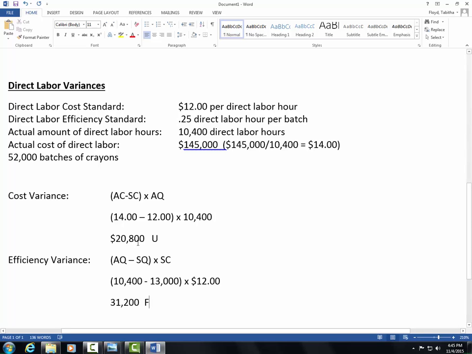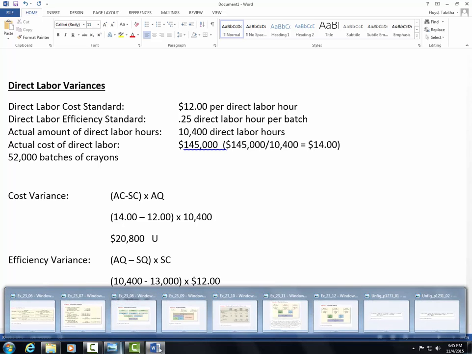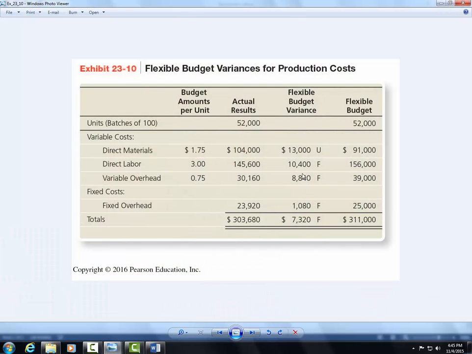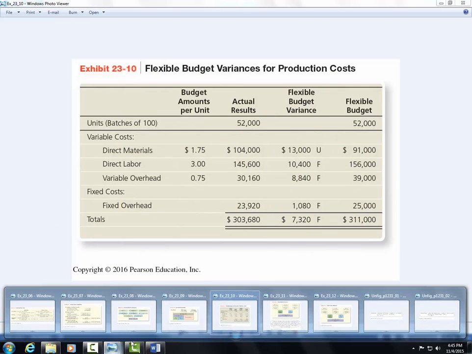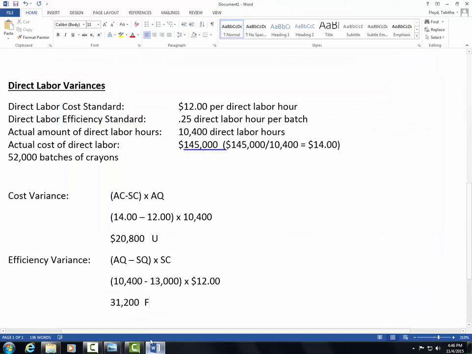If you net these numbers out, if you take the 31,200 minus the 20,800, that is going to give you that 10,400 favorable. When you take the difference between a favorable amount and an unfavorable amount, you just subtract them, and then the end amount will take the F or the U from the largest number.